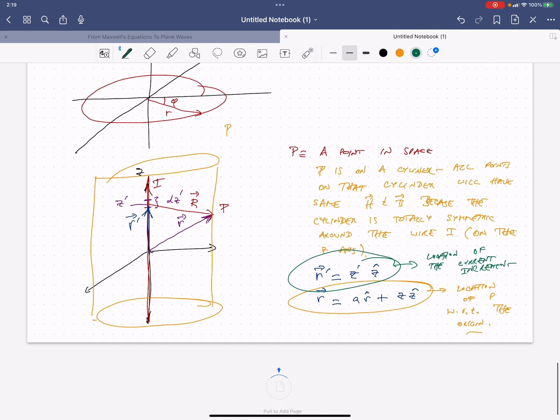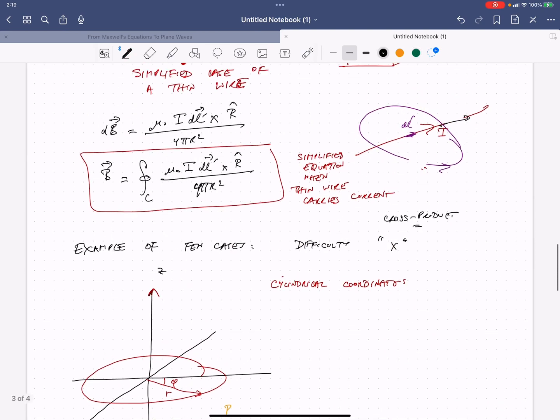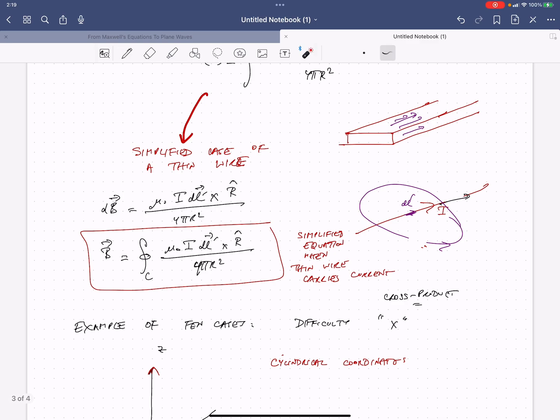Okay, so if you want to figure out this vector r in the Biot-Savart law, the r squared is basically the distance from the increment of current to the point.